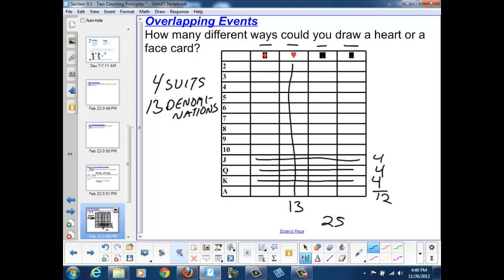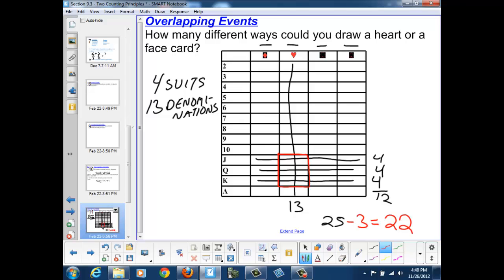So in this region right here, we're actually overcounting or double counting 3 cards because we've included them in both the heart category and the face card category. So we need to subtract those 3 instances of overlap or double counting, and we'll end up with 22 cards.